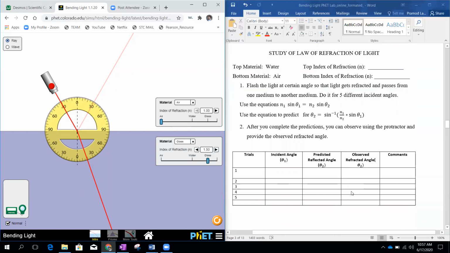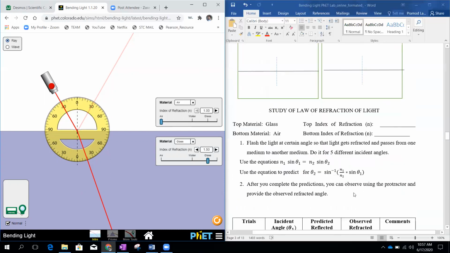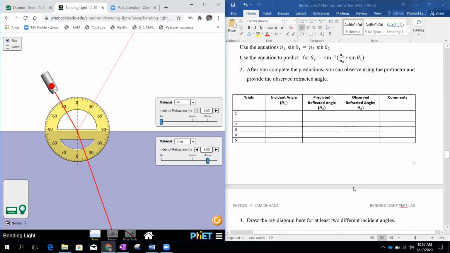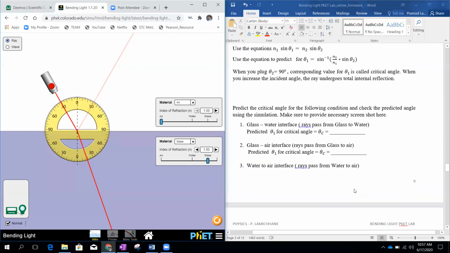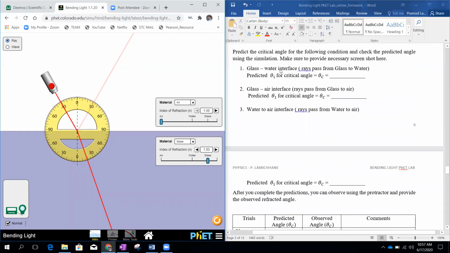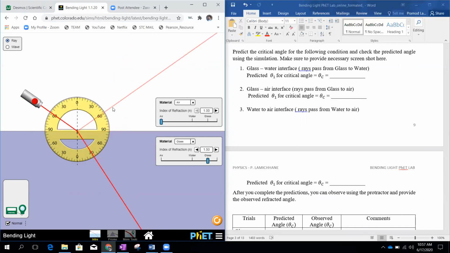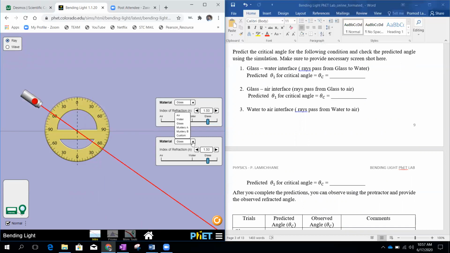Similarly, there is the critical angle. You need to observe also one situation: the critical angle, glass water interface. That means the top material should be glass, and the bottom material should be air.